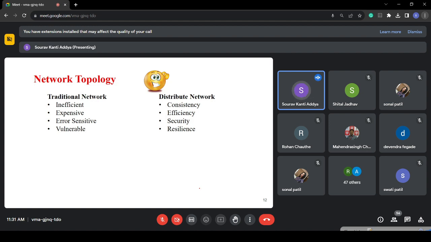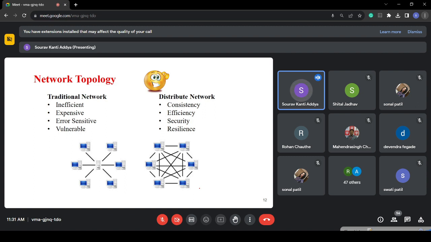In that part, if it is a traditional network, it's a traditional centralized server and there are different clients. The issue is if this particular server is compromised, then anything can happen in this network. The transactions that happen in this network will not be proper or as expected.